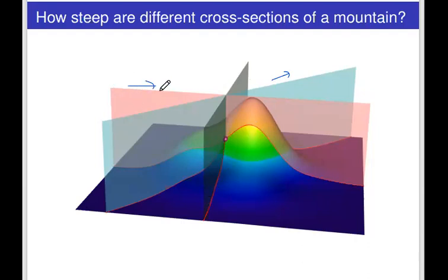So if you slice this mountain through this point along this direction, you get this red curve here. So you get a two-dimensional curve. This is a two-dimensional function, right?